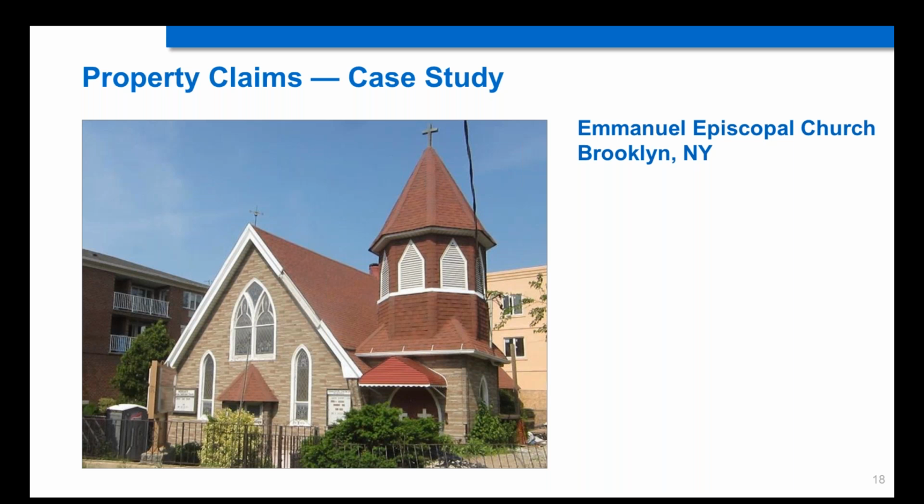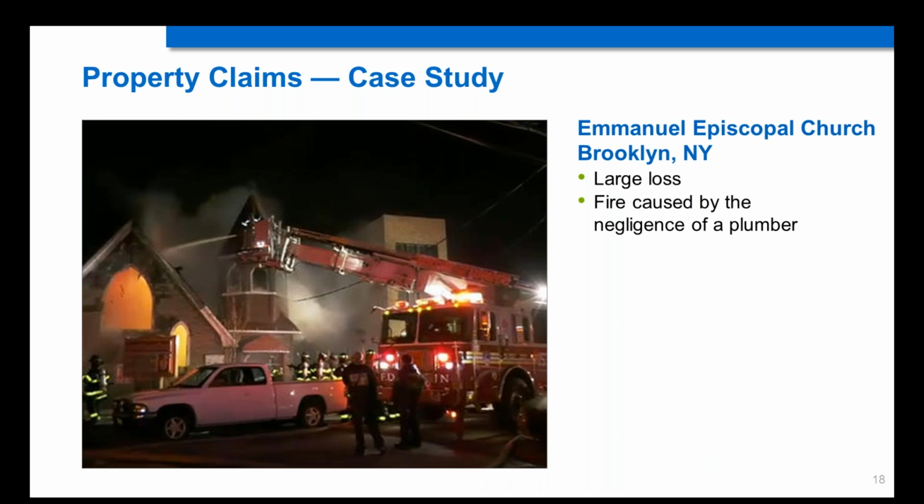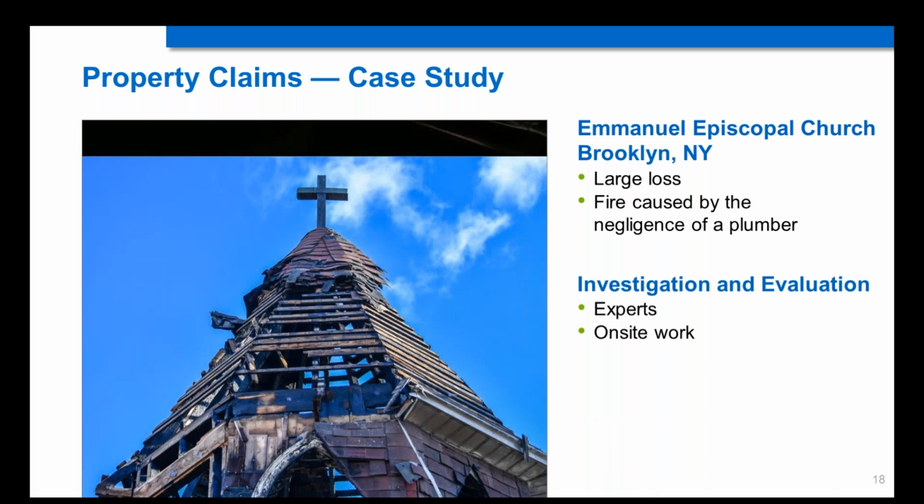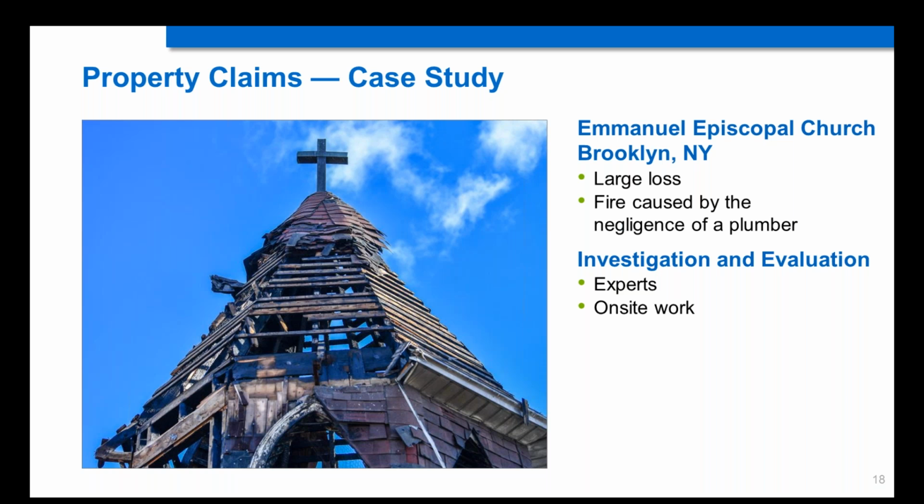Here we have a property claim case study. Very nice church, suffered a severe fire loss, actually a total fire loss. This was a situation where the fire was caused by the negligence of a plumber. I spoke about how we do the investigation and evaluation.